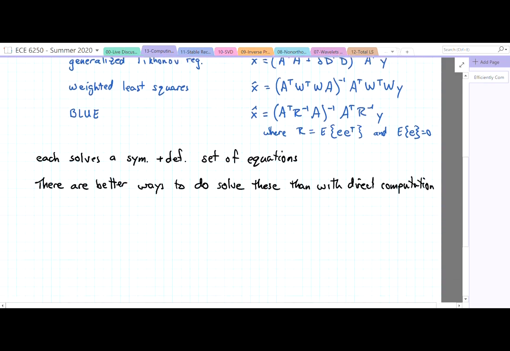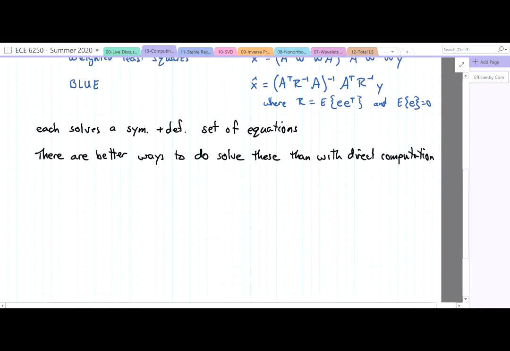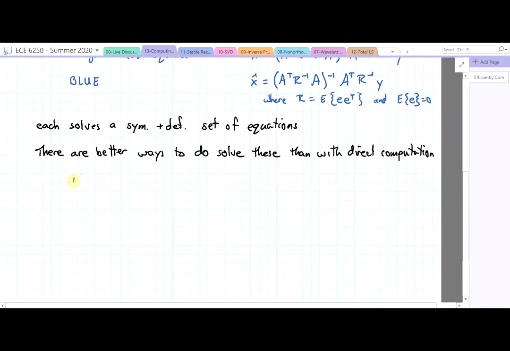For example, if we have a triangular system, something like this, A11, 0, A21, A22, so on up to AN1 to ANN.